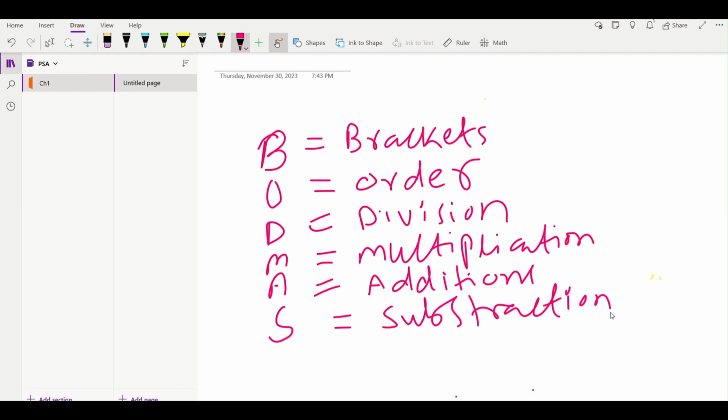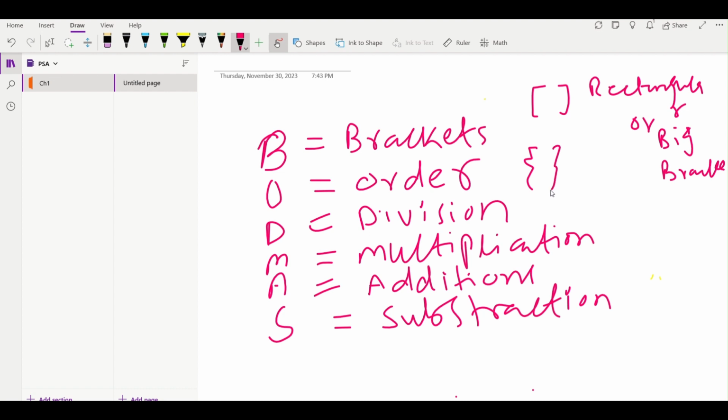Now brackets, I will explain. These are rectangular or big brackets.